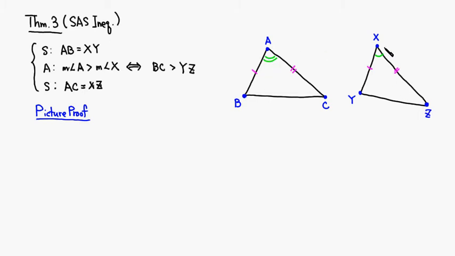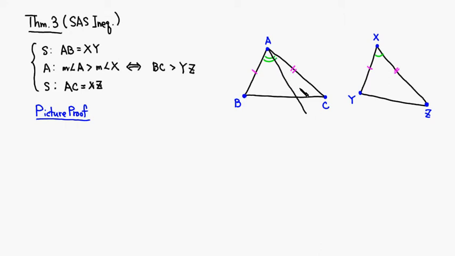All right, I'm going to do a picture proof since the textbook has the proof there. So here's the construction. You compare angle A and angle X. Since angle A is larger, we can cut down the angle this way.